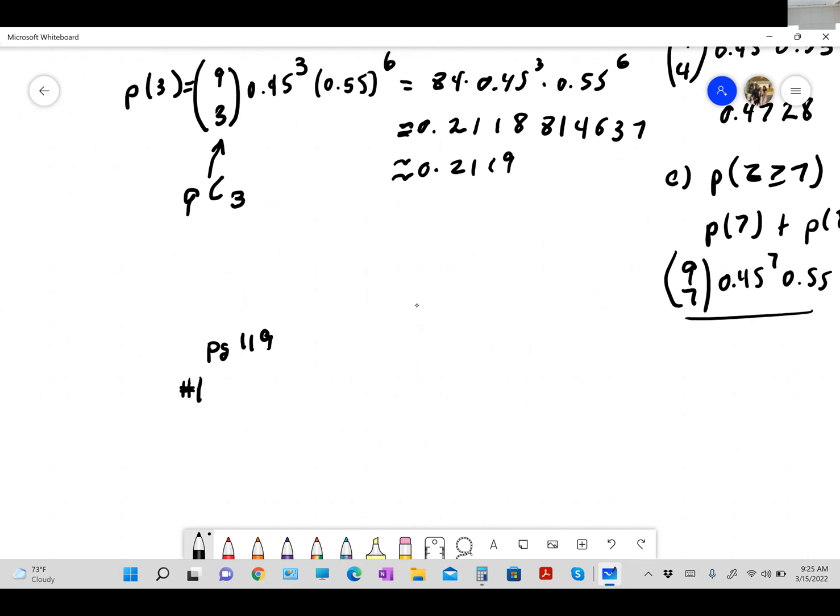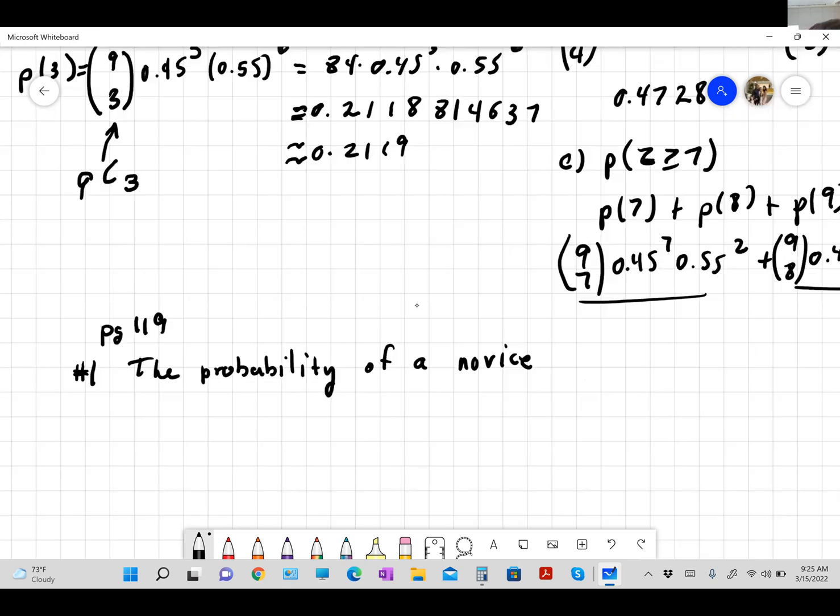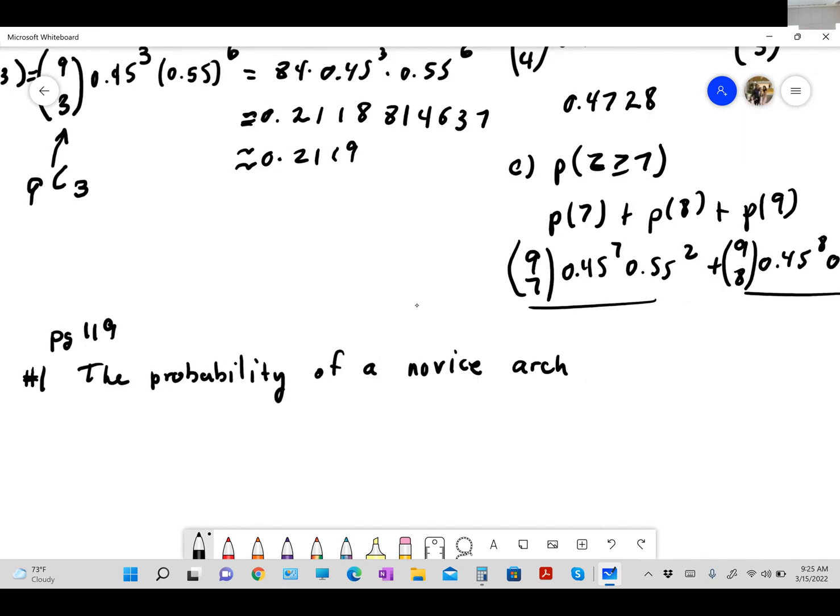I wish I could copy and paste, so I'll just write it: the probability of a novice archer hitting a target with any shot is 0.3.